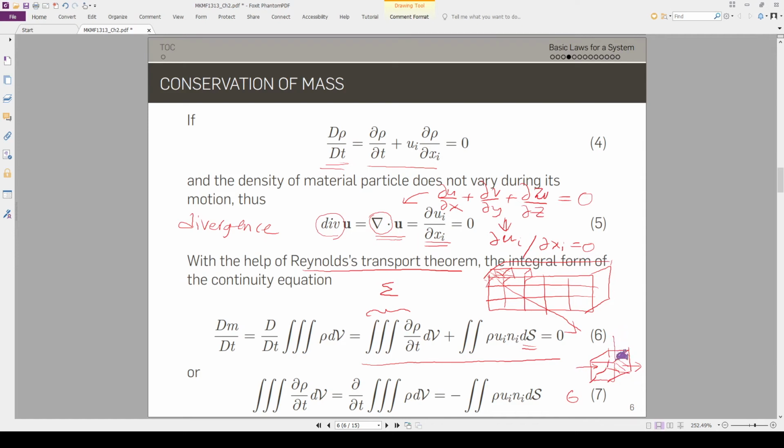The flux passing through the control surfaces between the top and bottom should be in balance, and the flux passing through the left and also the right control surfaces also should be in balance. So this is what is explained in the second term in equation number 6.